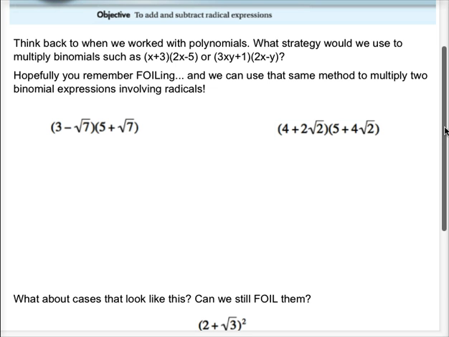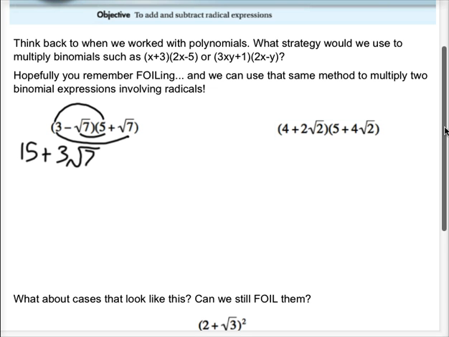So look at this first example. I have two parentheses, each with two terms, hence the name binomial. So I'm going to FOIL this out. First, 3 times 5 is 15. Outside, 3 times the square root of 7 gives me 3 square roots of 7.